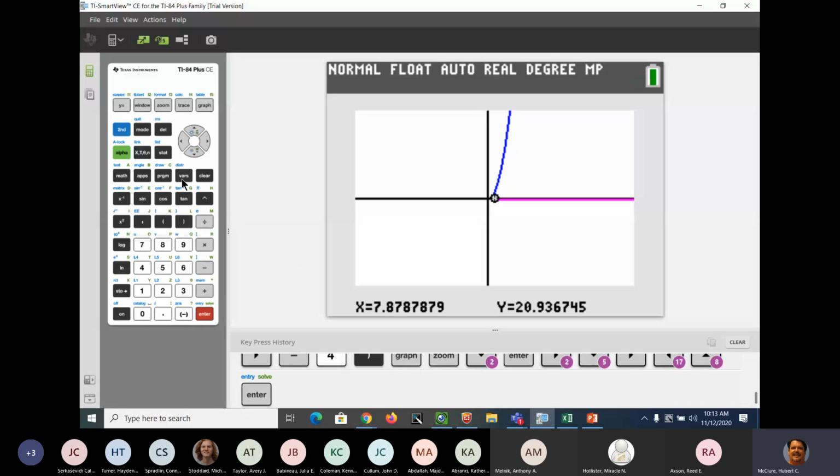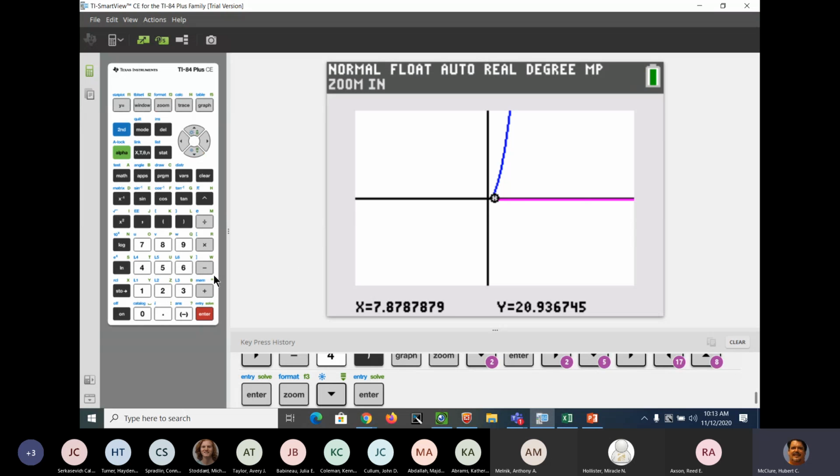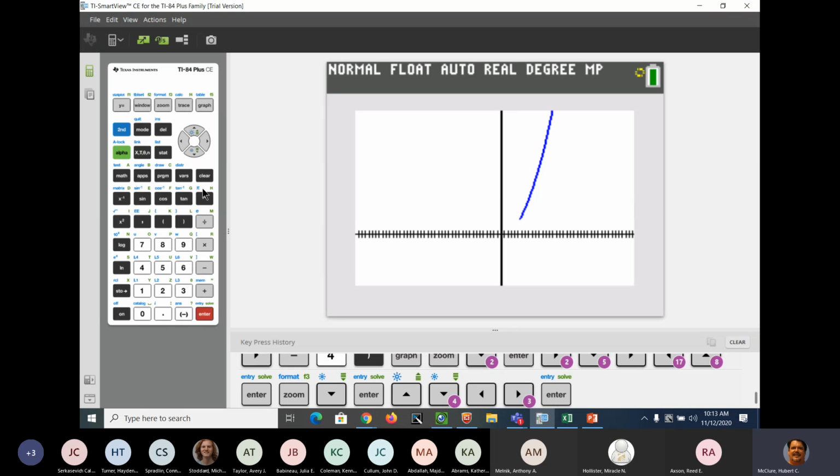All right, what I might do is zoom in. I'm going to try to get both of them. That way you can see that there's really not anything. Sometimes they give you stuff and you just can't do anything with it. Well, zoom box.